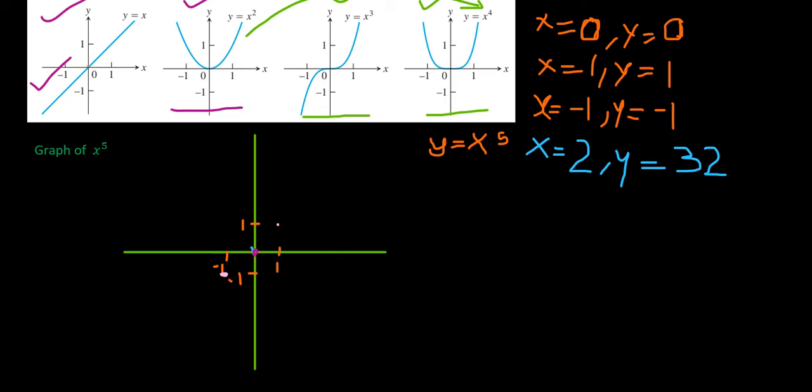And now we are going to plot our point. As you can see, 2 will be here, and 32 will be here.